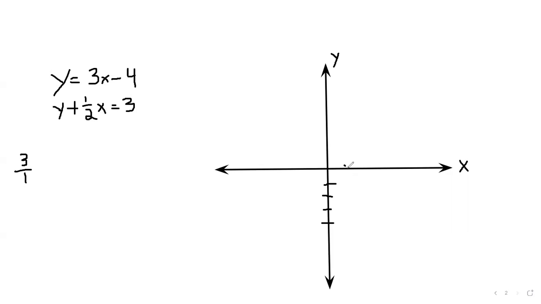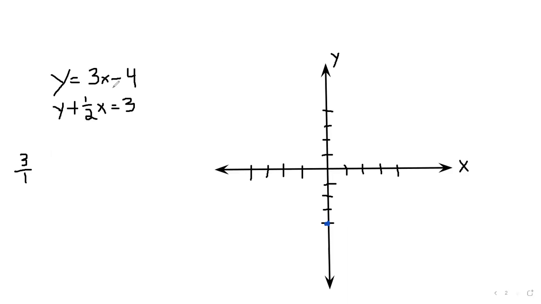And maybe I'll do a few up here too. We'll just do it kind of loosey-goosey so you get the idea. All right, so it's going to cross at -4, right there. Put a dot right there.